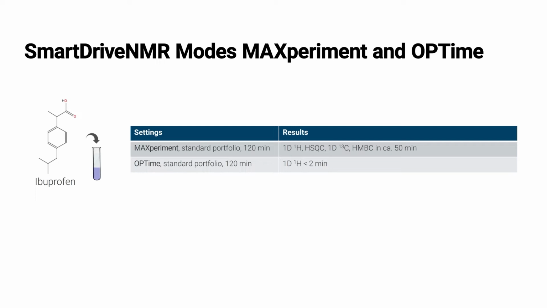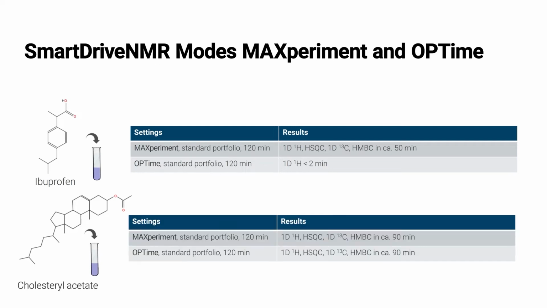Let's have a look at a measurement with a sample containing a molecule a lot larger. And here, the behavior of the 2 modes is exactly the same. In both modes, the full portfolio is carried out. This time it takes longer, around 90 minutes.